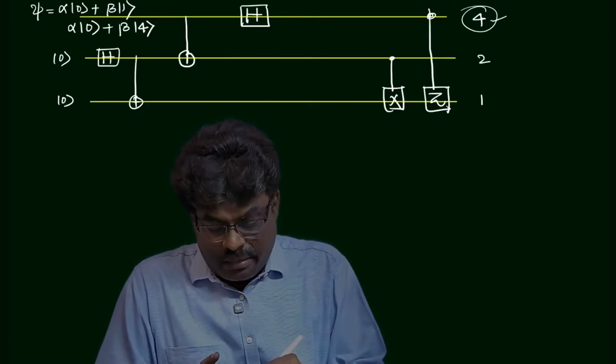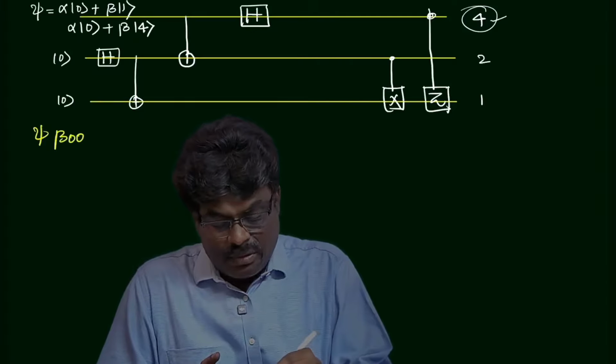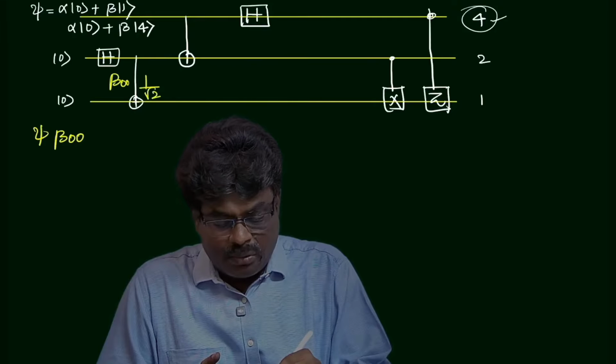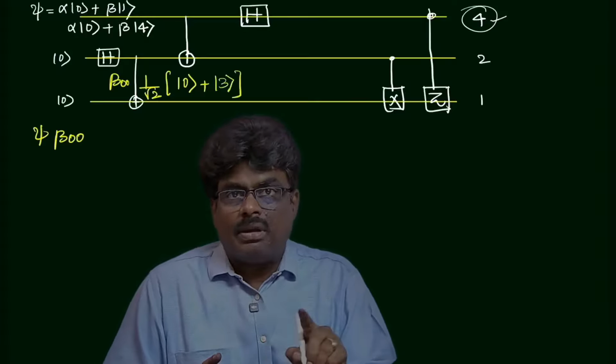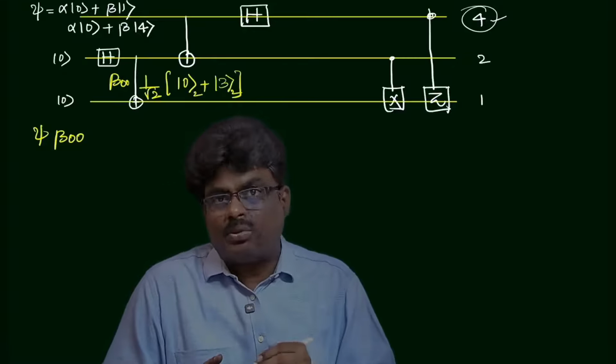So here we have, finally, this is psi, a beta 0 0. So beta 0 0 is nothing but 1 over root 2. So here, in decimal state notation, 0 plus 3, because 0 0 is 0 and 1 1 is 3. So don't forget to represent, here we have 2 qubits.